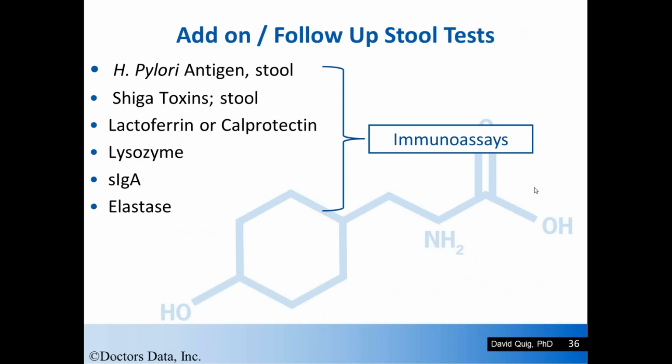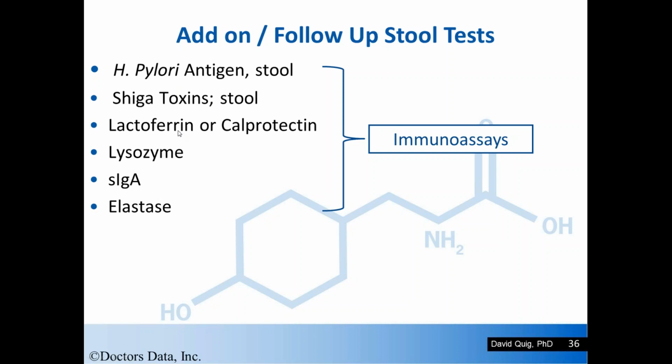So, important add-on or follow-up tests to our comprehensive stool analysis: you can add on H. pylori antigen that we measure in stool, so we're directly measuring the antigen. Shiga toxins directly assayed by sensitive immunoassays.